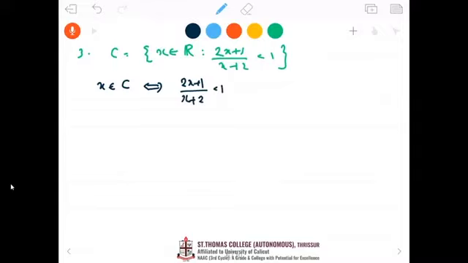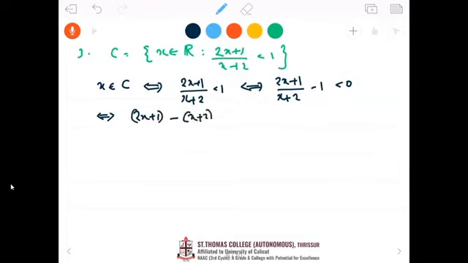Add minus 1 on both sides. So we will get (2x plus 1) by (x plus 2) minus 1 is less than 0. This implies and is implied by [2x plus 1 minus (x plus 2)] divided by (x plus 2) is less than 0. And this implies and is implied by 2x minus x is x, 1 minus 2 is minus 1, so (x minus 1) by (x plus 2) is negative.